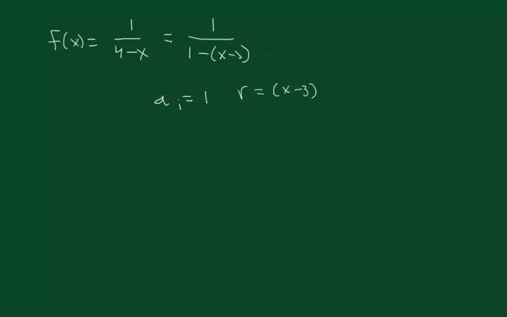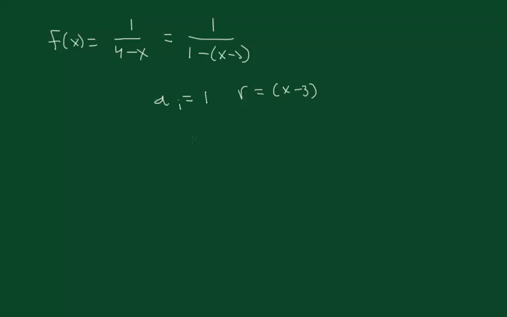Okay, so one more function, a little bit more challenging. This one is going to be 1 over 4 minus x. So this doesn't quite look like the sum of a geometric, but I'm going to manipulate this to be 1 over 1 minus the quantity x minus 3. Now it looks geometric, where the first term is equal to 1, and the common ratio is x minus 3.